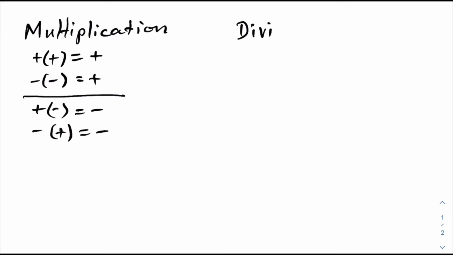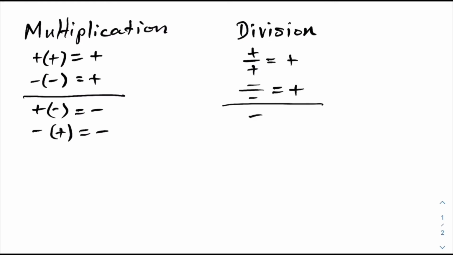For division, it's similar to multiplication. Positive divided by positive is positive. Negative divided by negative is positive.